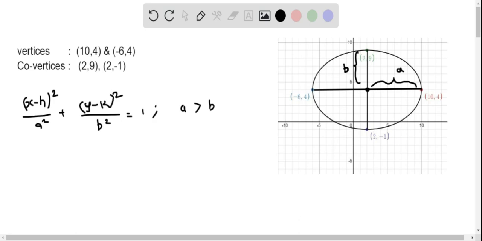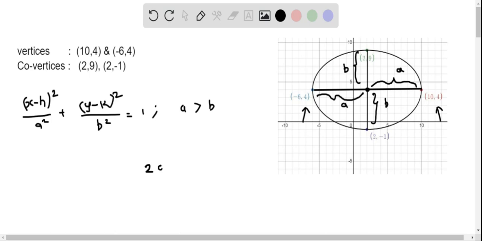So how do we calculate this a and b? Remember that we can use the distance formula to calculate the a and b. So if this distance is a, this distance is also a, and similarly this distance is also b. So we know that the distance starting from this vertex negative 6 comma 4 to 10 comma 4 is basically 2a.